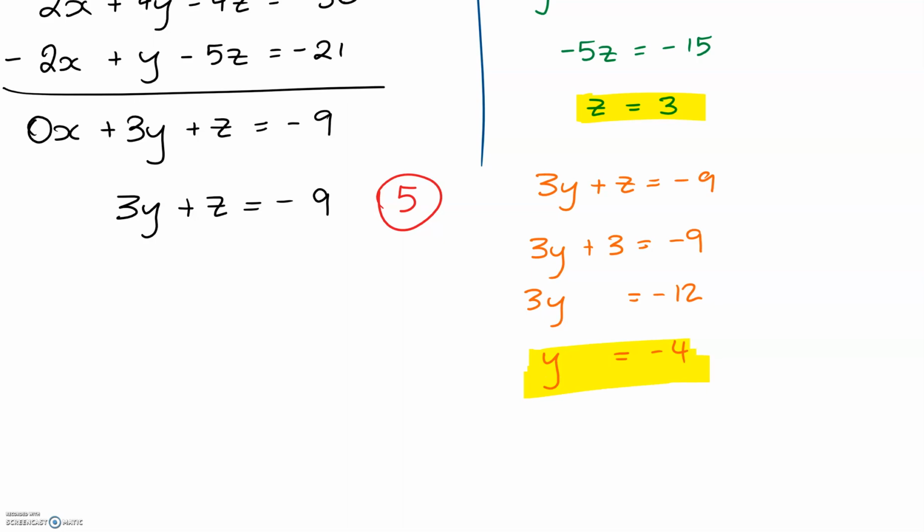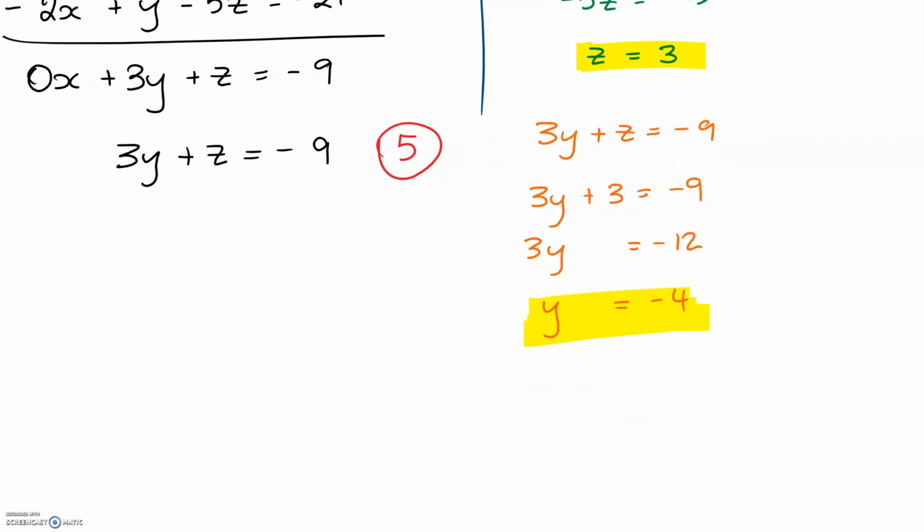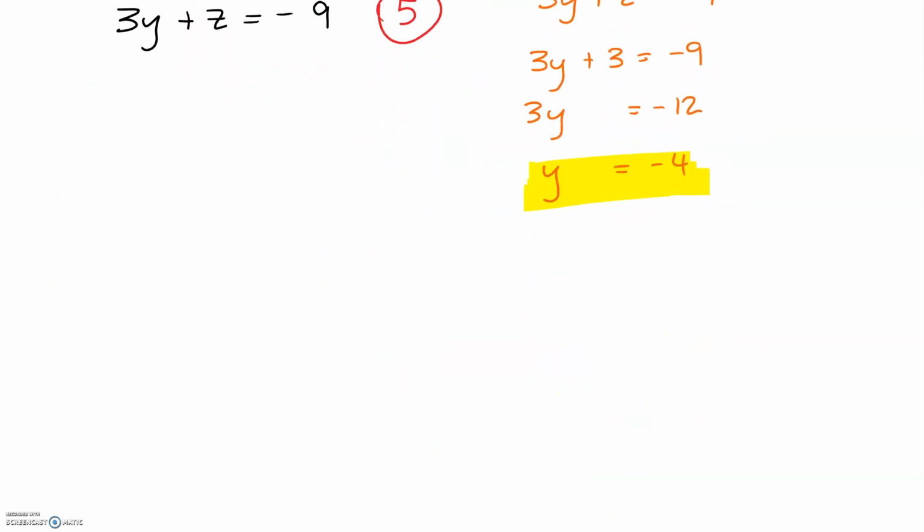Now I'll use my y and z in one of the three original equations, whichever one I choose. I'll choose equation 3 because we rearranged that before in the last video. Equation 3 was x minus 4y plus z equals 18. We can substitute and then rearrange, whatever you prefer. x minus 4 times negative 4 plus 3 equals 18.